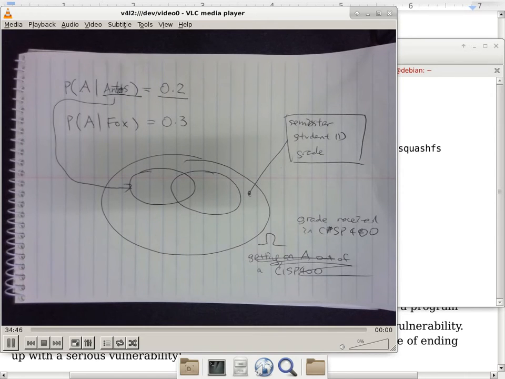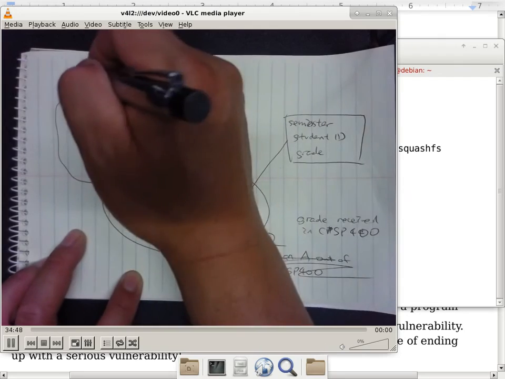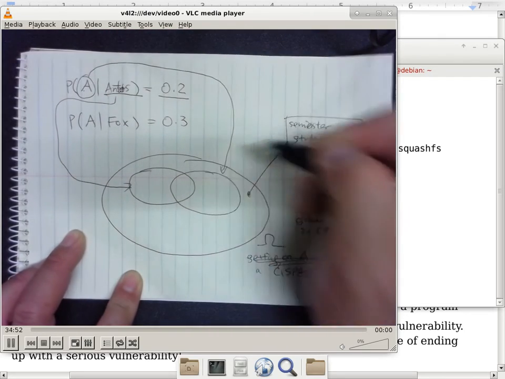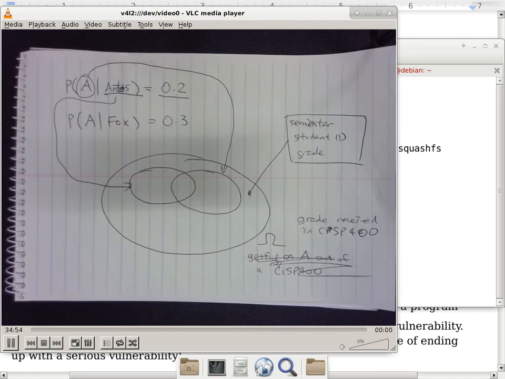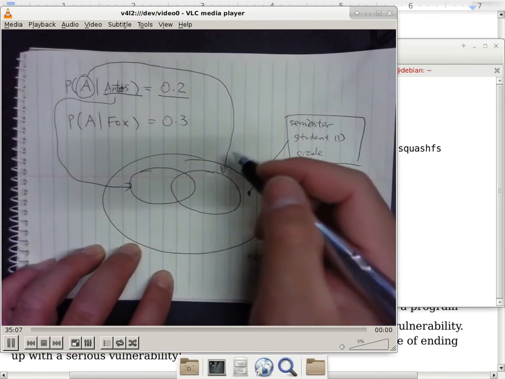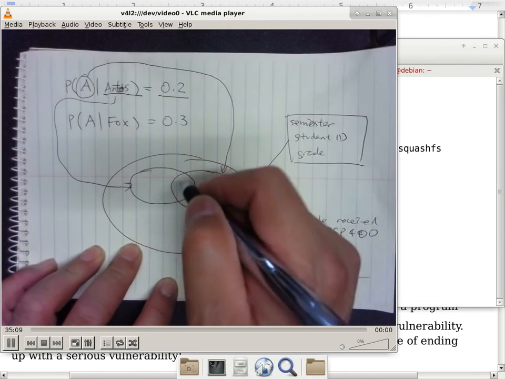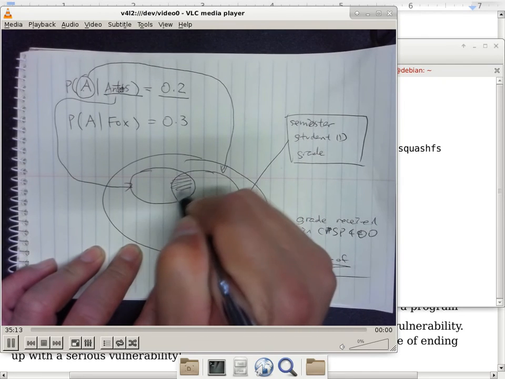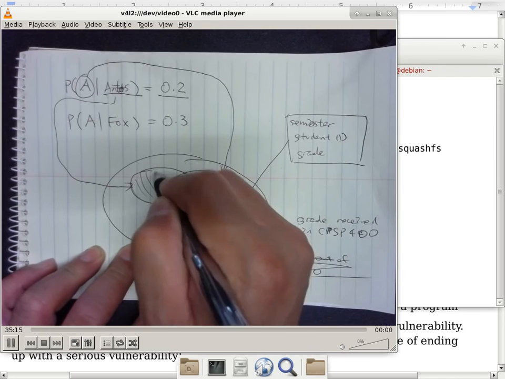And depending on how you want to do it, the most simplistic way to look at this is this particular set here is representing all students who have gotten an A out of CISP 400, regardless of who is teaching that class. So the probability of A given Antos is now the ratio of this area over this entire area over here.